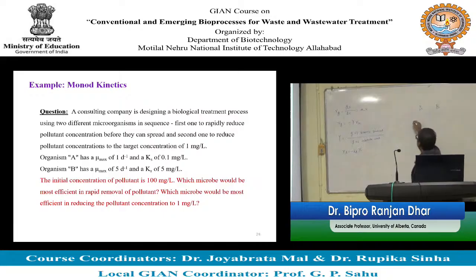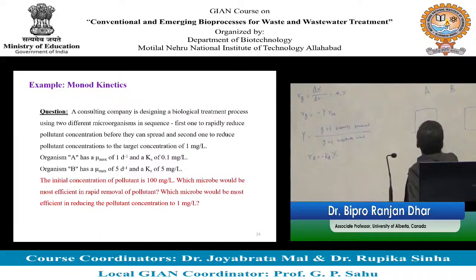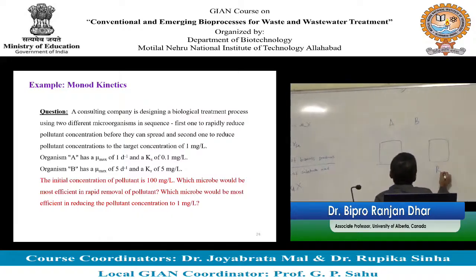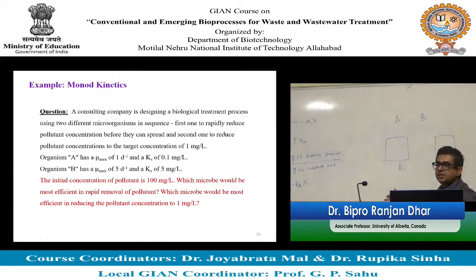So you are going to have two bioreactors, reactor 1 and reactor 2. The first one is going to quickly remove the contaminant. The second one, you want to reduce it to 1 milligram per liter.